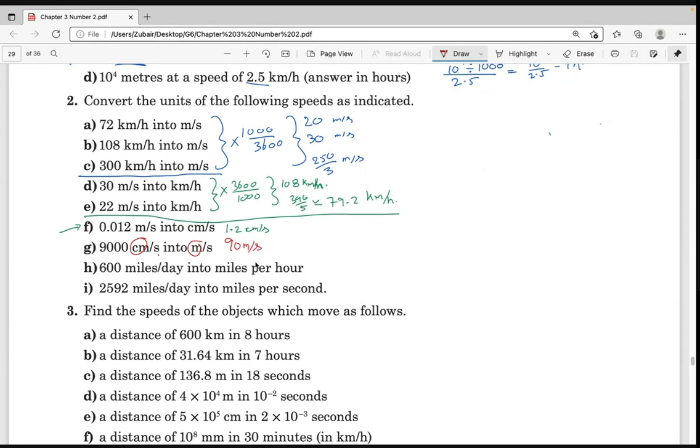H part, numerator is same. You have to change the denominator.